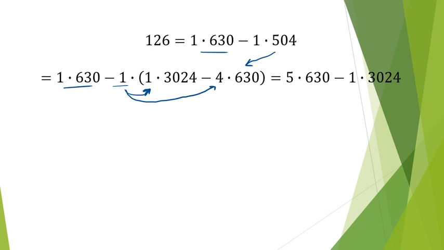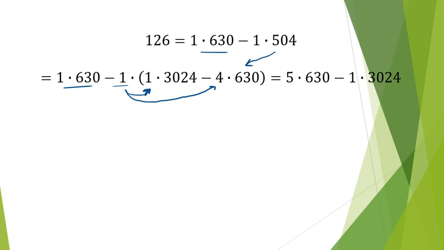Well, I have 1 630 and then plus 4 630s. So what I actually have are 5 630s. And then I had the minus 1 times the 1 times the 3024. So I have negative 1 3024s. So that's how we go from the left-hand side of this line to the right-hand side of this line.